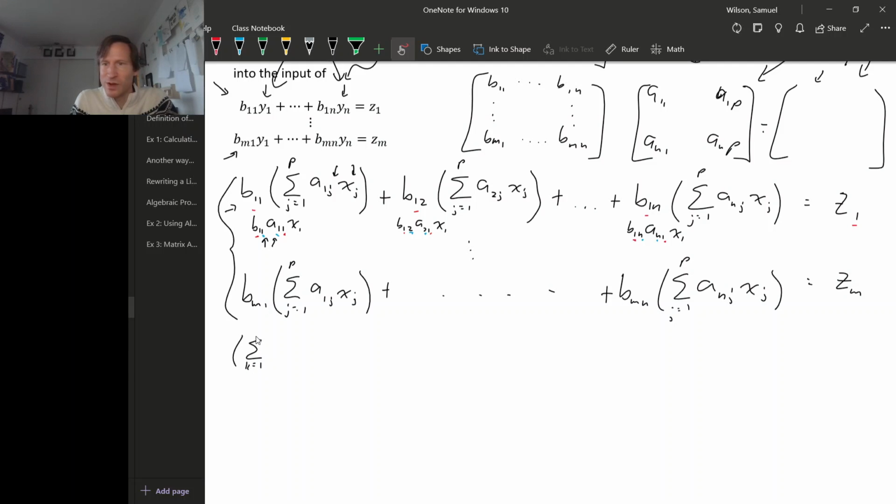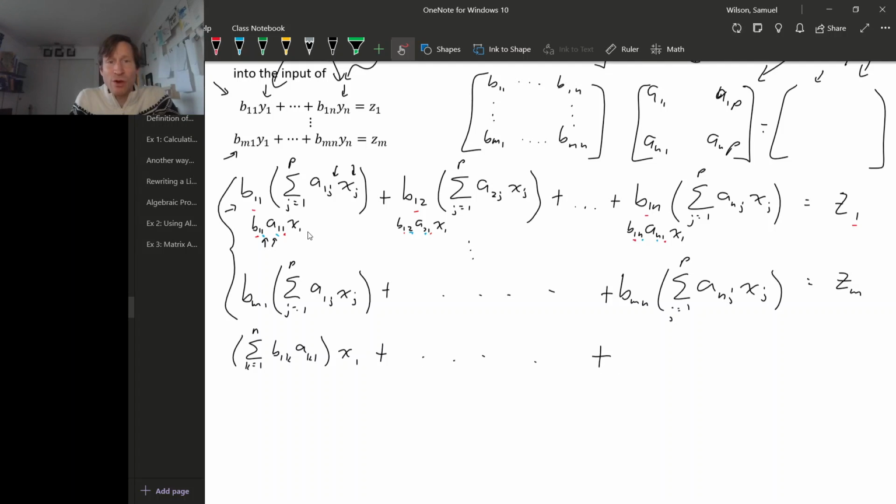So k goes from 1 to n, and it's b1k ak1, and then x sub 1. But all of these terms have x sub 1, so let's factor out that x sub 1 and put it over here. Okay, and then so on.